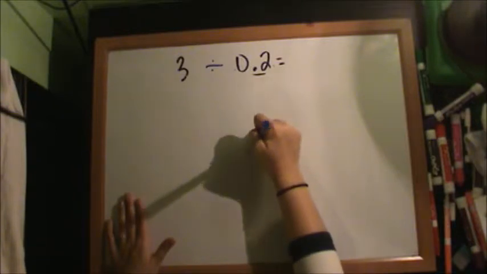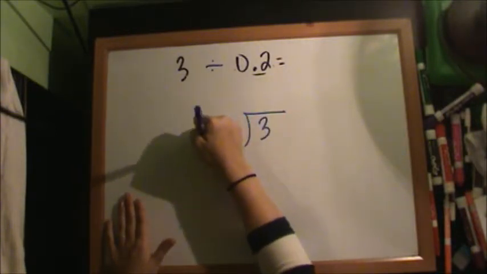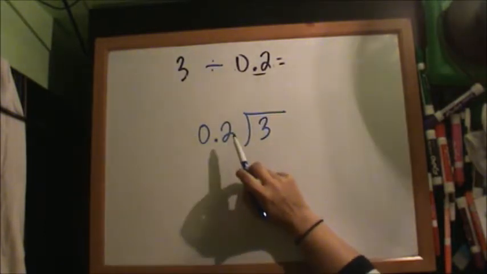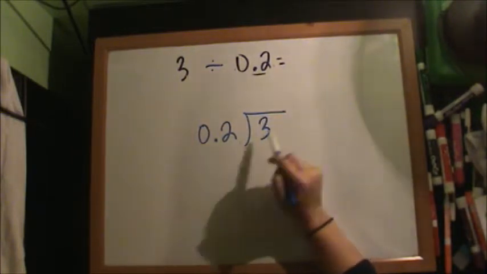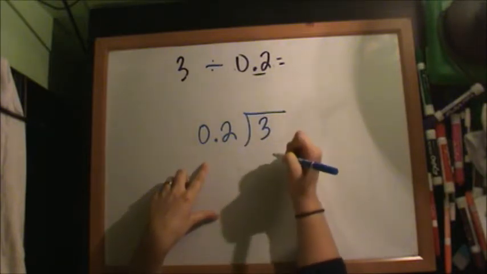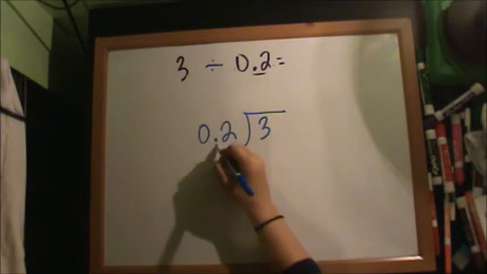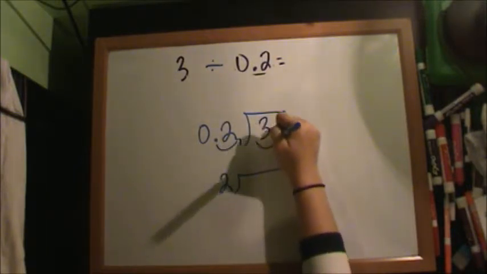So again, you put the dividend within the brackets, and you put the divisor out here. I never move the decimal, but standard algorithm calls for you to do that. So we're going to move it over once.